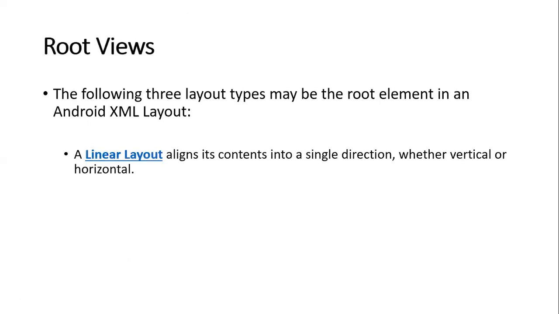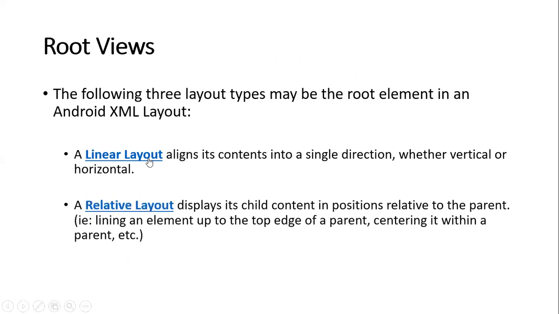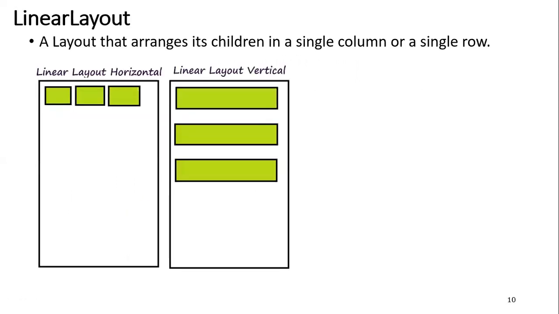Yeah, so the root view, of course, is the container, something that holds all your buttons. That's called the root view. This can be a linear layout. I think I have a picture. Yes, that's good. So this is going to be your root.